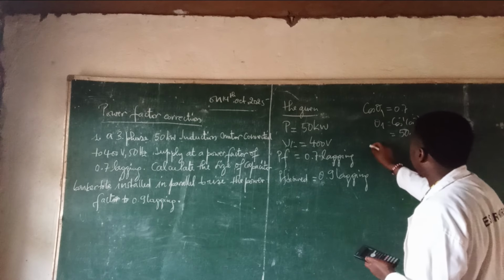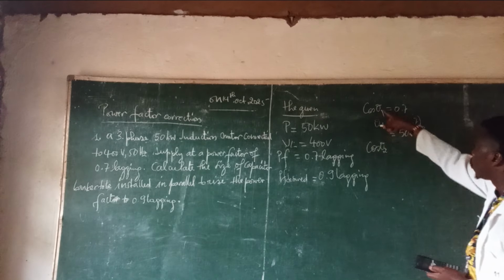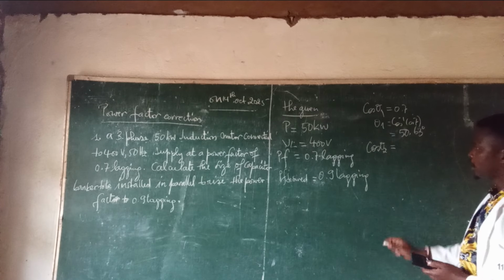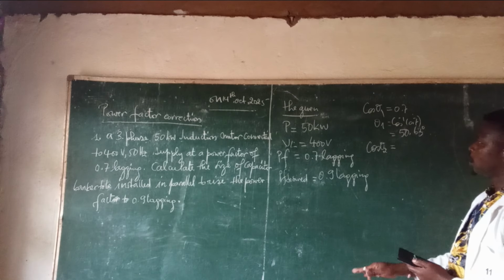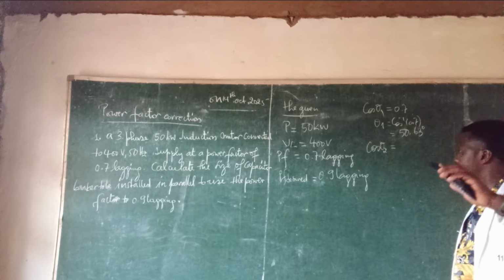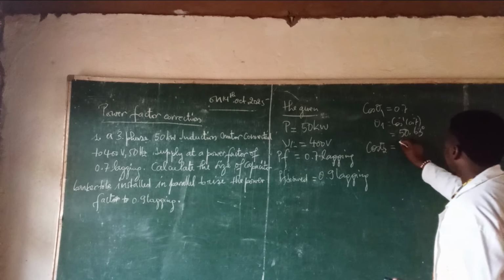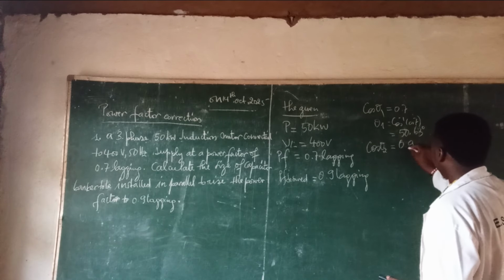degrees. And cos theta 2 should be smaller in angle, because as the power factor goes low, the angle between the voltage and the current goes high. So we need to look for the reduced angle, with cosine equal to 0.9.